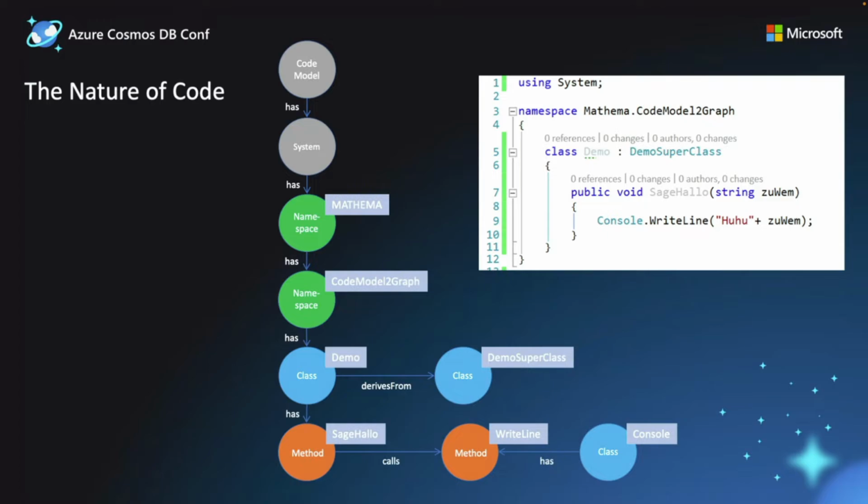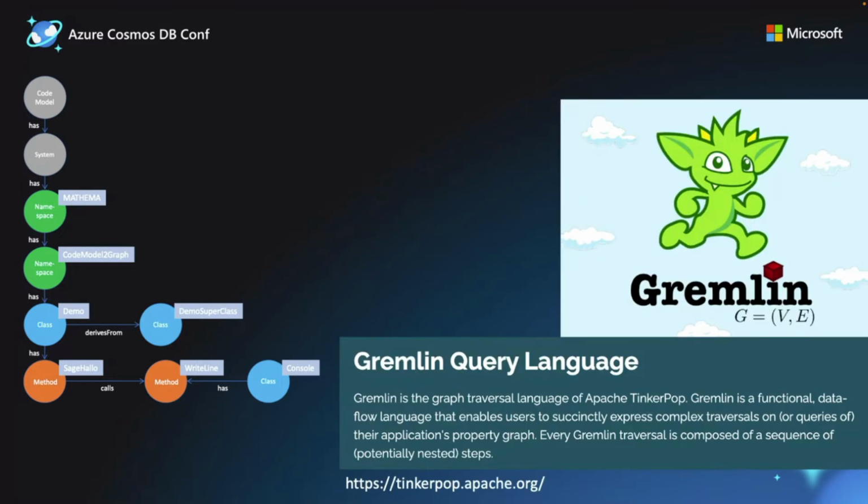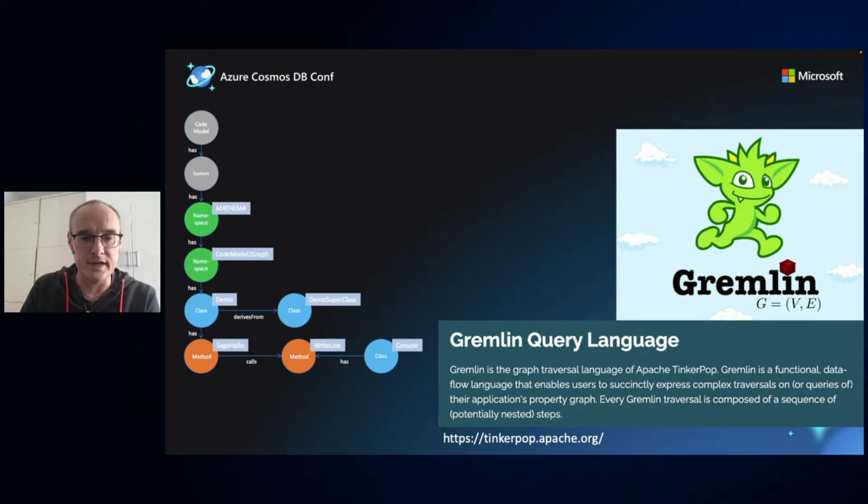But if we have this model, how do we bring that into a graph database? As I mentioned before, we can take a look at Gremlin as a query language to persist and to query our code model in Cosmos DB. As mentioned, Cosmos DB supports Gremlin out of the box.